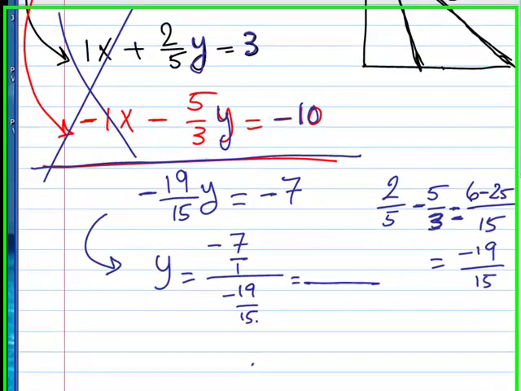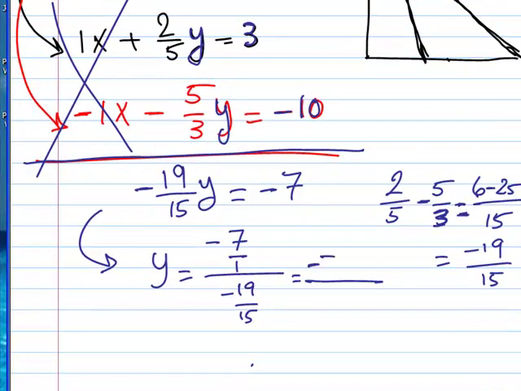Then I can solve for this as -7 times 15 divided by -19 times 1. Because when you divide two fractions by each other, the two farthest numbers from each other, the product of them goes in the numerator, and the two numbers that are closer together, the product of them goes in the denominator.